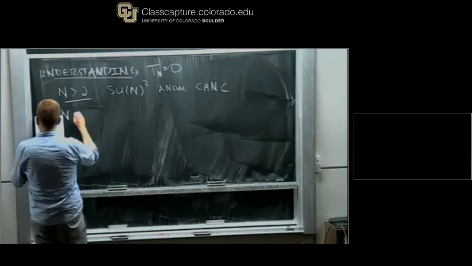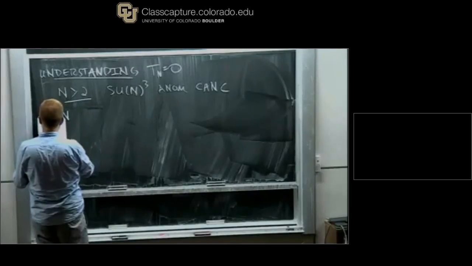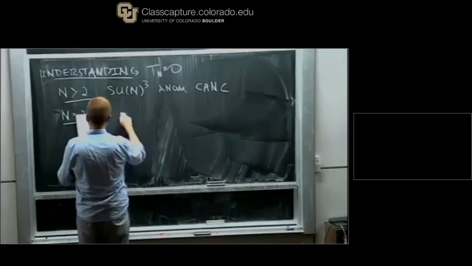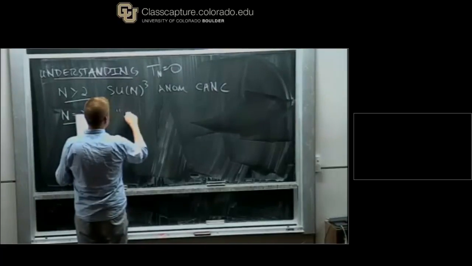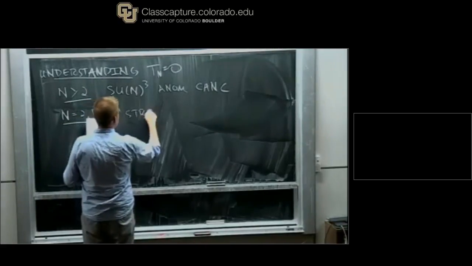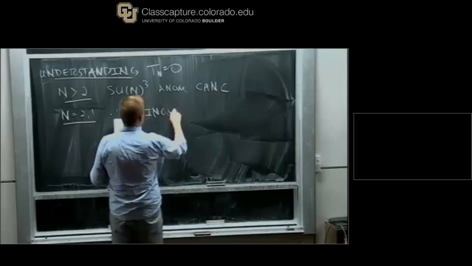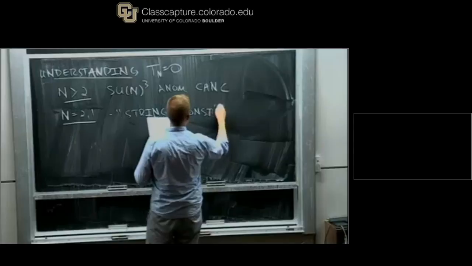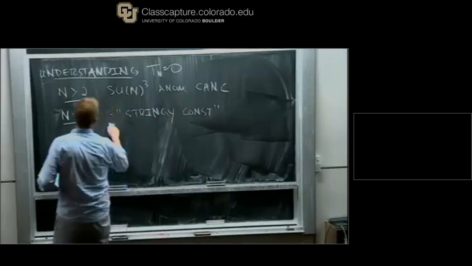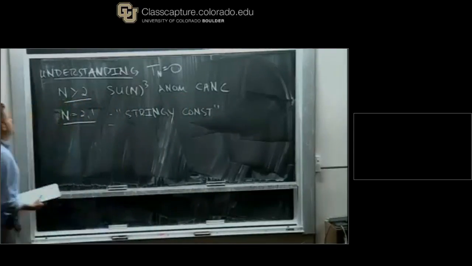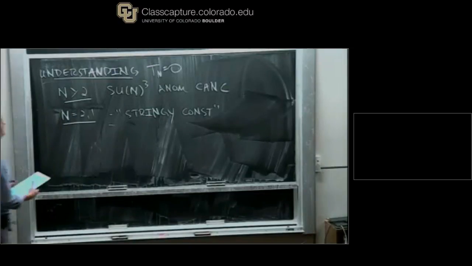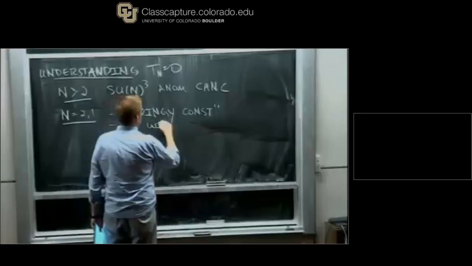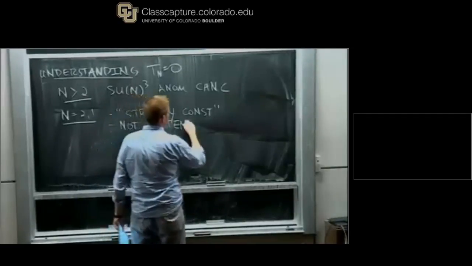For n equals 2 or 1, these are, in a sense, stringy constraints, ones that at least aren't obvious from a low energy point of view. In particular, I always get this question when I'm talking to people about this. This is not the Witten anomaly. Who remembers what the Witten anomaly is?